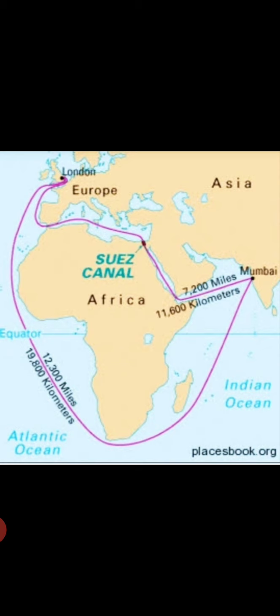Before the construction of the Suez Canal, the distance between India and Europe was nearly 19,800 kilometers, which was reduced by 7,000 kilometers because of the Suez Canal.